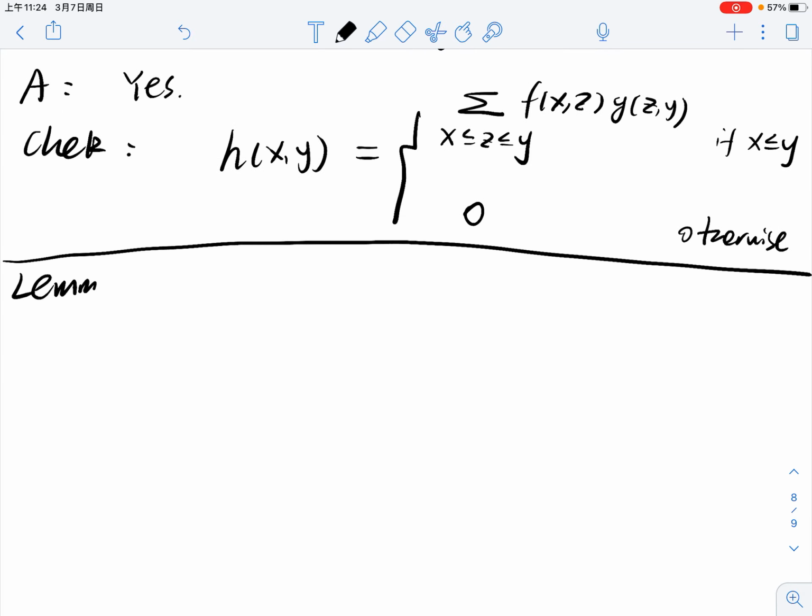Okay, next we are going to show that this convolution operation is associative. Actually, for a more general definition of convolution for functions, not on a finite set, you can still verify this, but the idea will be similar.